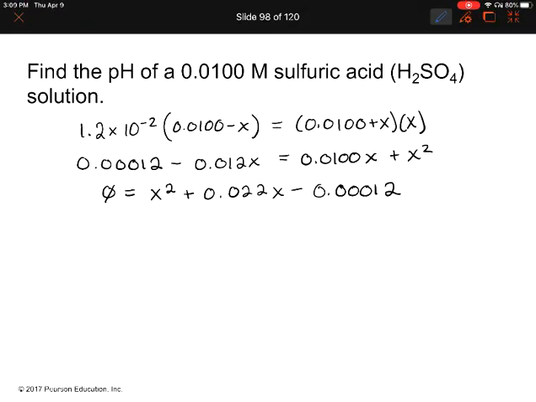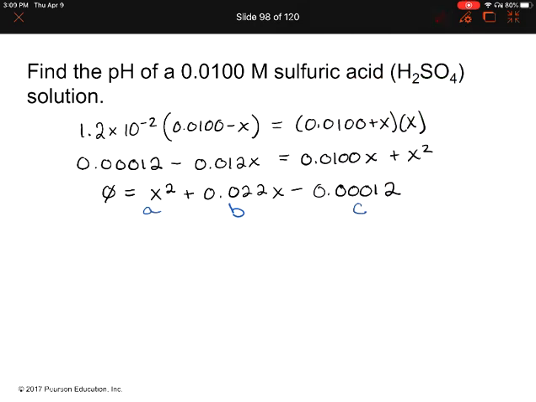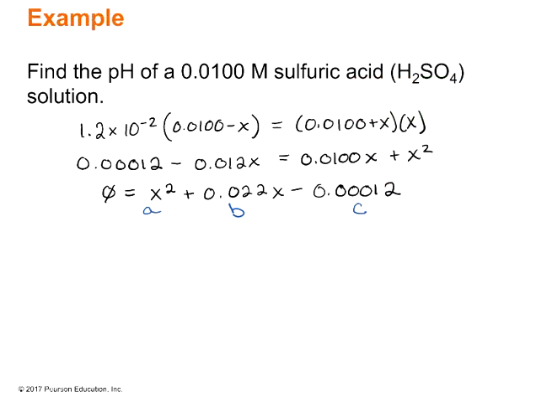Okay, so we've got our A value, which is 1, our B value, which is 0.022, and then our C value, which is negative 0.00012. So don't forget those negative signs. Okay, so now let's plug everything into the quadratic formula.